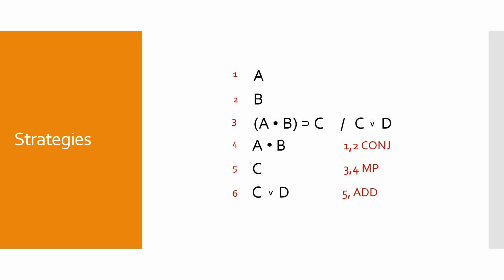So of course, as we saw earlier, if we take premises 1 and 2 and put them together by way of conjunction, we get A and B. And then we can take 4 and 3 and put these together to draw the conclusion C by the rule of modus ponens. But of course, C by itself isn't what we're looking for. We want C or D, and that we can do by simply adding D to this by way of a disjunctive proposition.